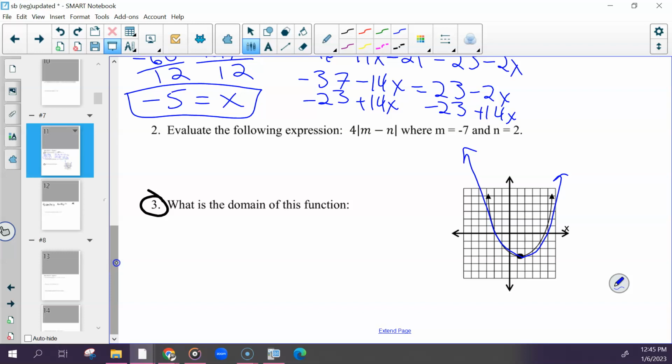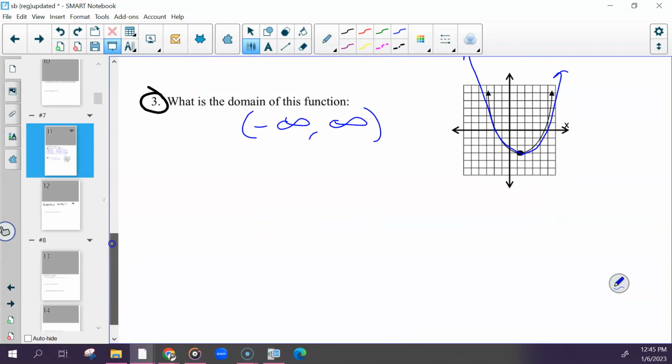It never stops. So we did this when we were doing inequalities, interval notation, so you could write it like negative infinity to infinity. When you were first taught domain and range, you probably saw it in set builder notation, so I'm going to write that up here just so you see what it looks like.